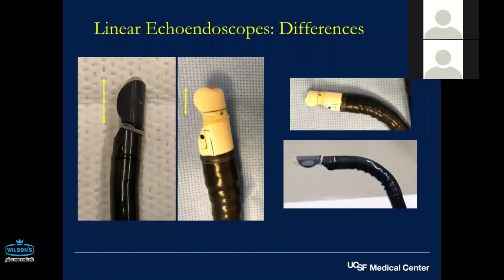The second difference is to know between different companies. So on the left, you have the therapeutic, in quotes, 10 French linear scope from Pentax, and this is the one from Olympus. And the whole point is that the scanning area is going to be different. And then the roundness you can appreciate on this scope, whereas here the tip tends to be a bit more straight and sharp.